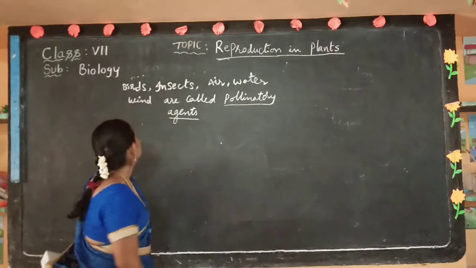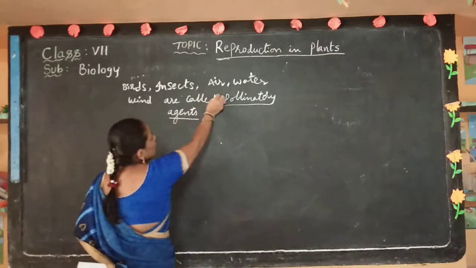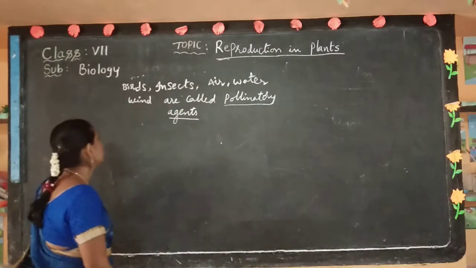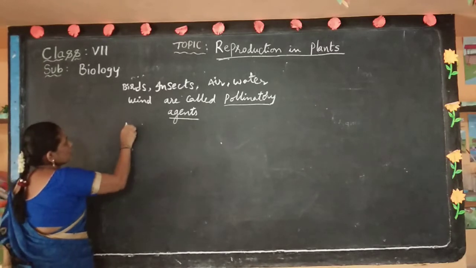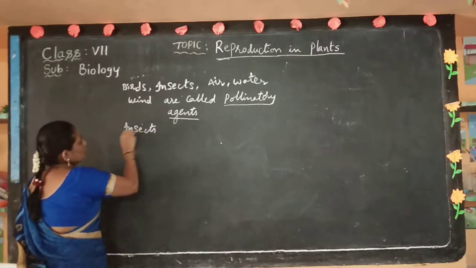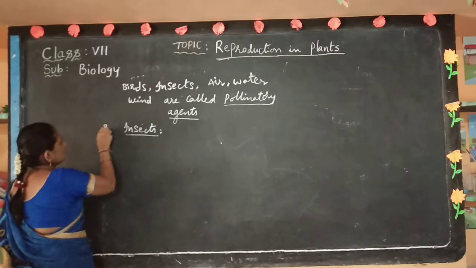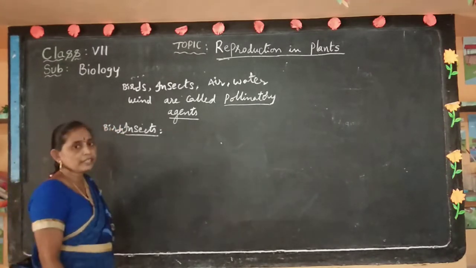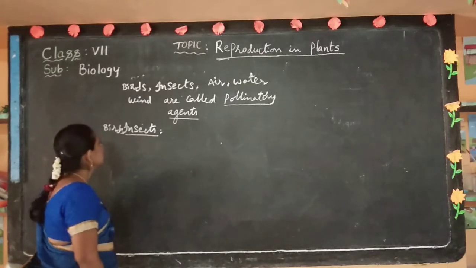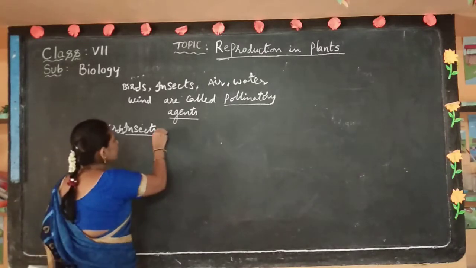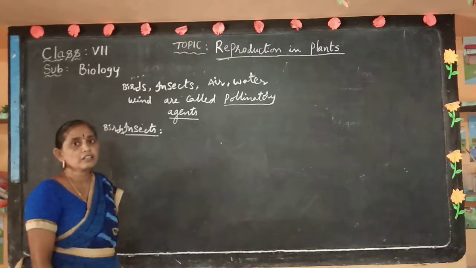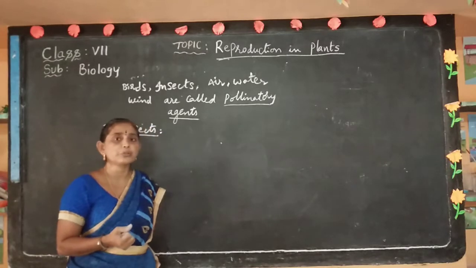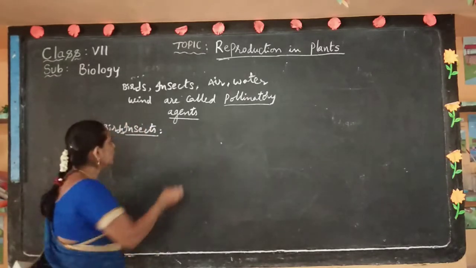Okay, next. Birds, insects, air, water and wind are known as pollinatory agents. The first one is insects. Many of the plants are pollinated by birds and insects. The flowers that are pollinated by insects are more attractive, with odor.